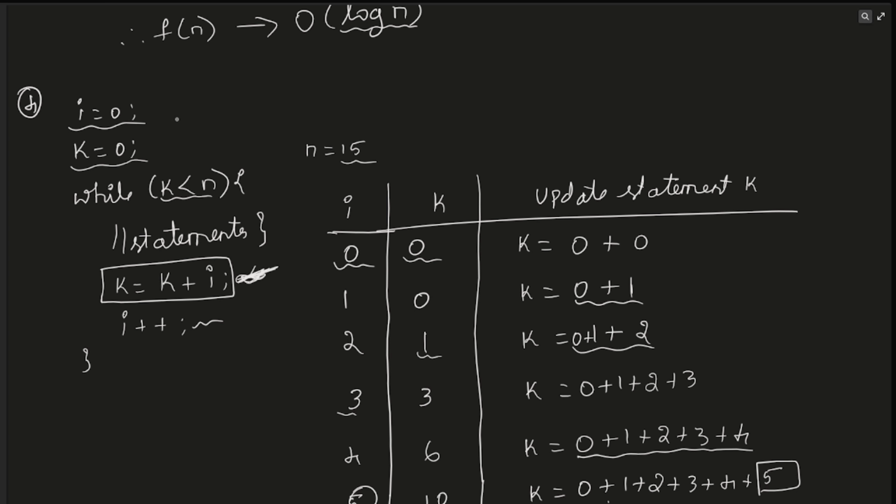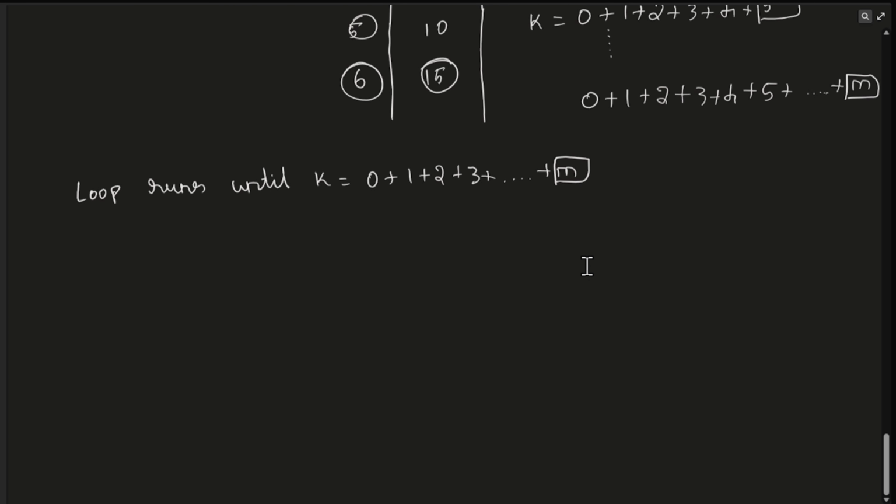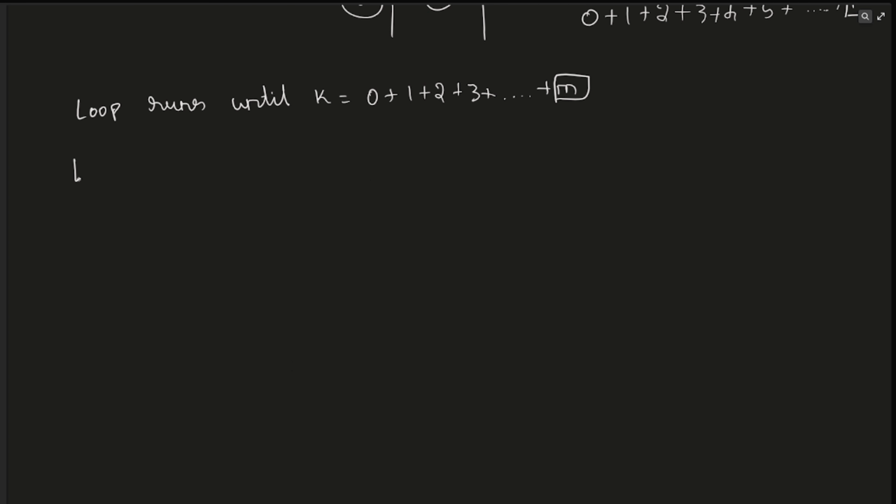Our loop stops as soon as k value is greater than or equal to n. It runs until k is less than n, and it stops when k becomes either equal to n or greater than n. Loop stops when k is greater than or equal to n.